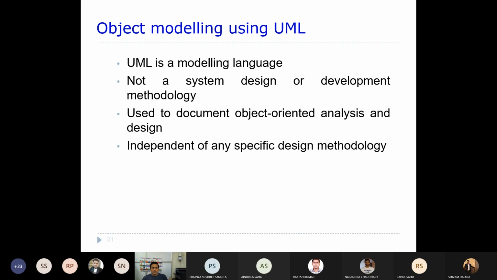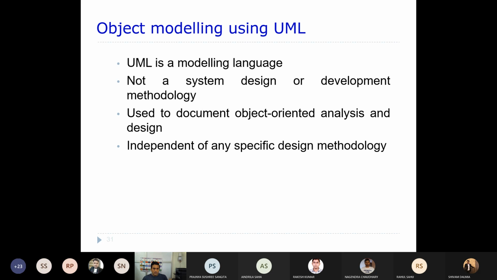It is actually not a system design or a methodology, right? So we use it to document object oriented analysis and design. So through these graphical representations, we will be able to document, I mean we try to specify the requirements.